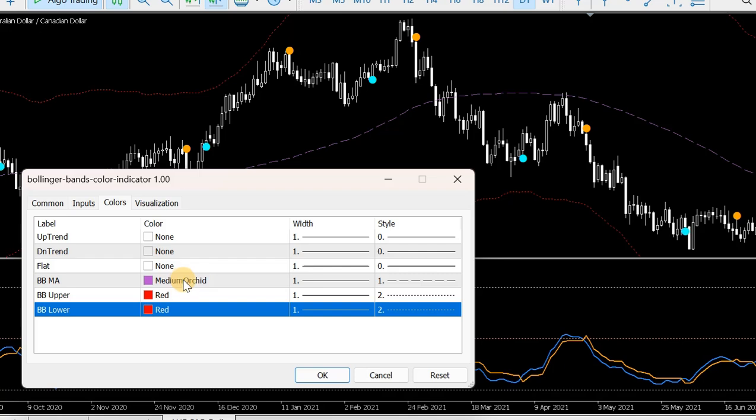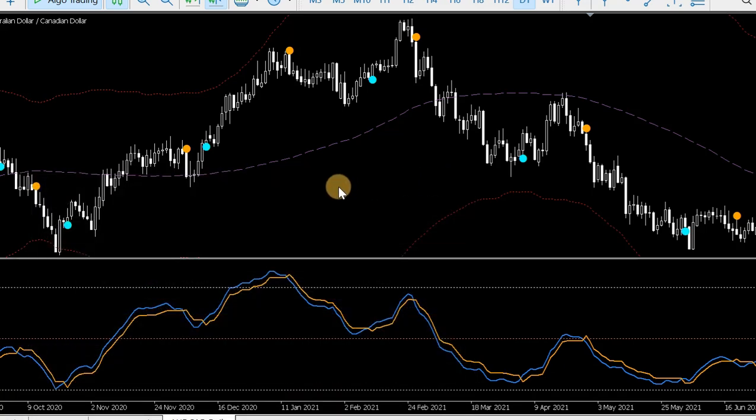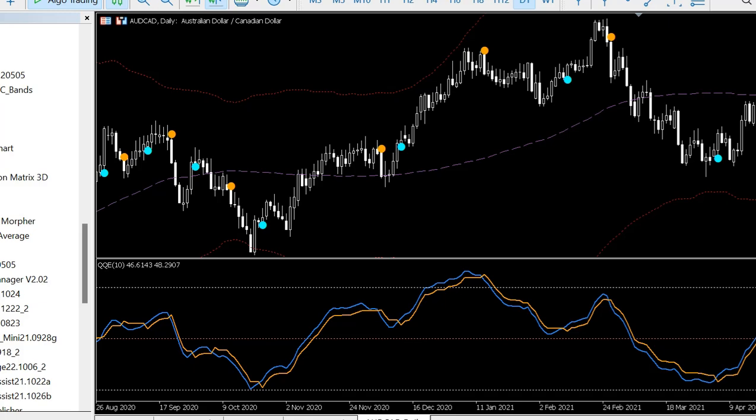The center band is the purple one, which I think is equivalent to an 80 simple moving average, if I remember rightly. I could throw one on the chart to make sure I know what I'm talking about.